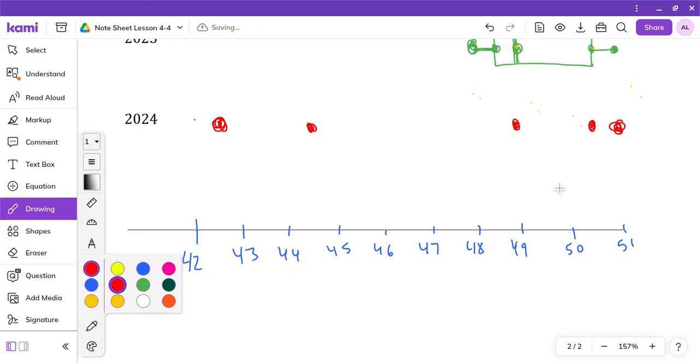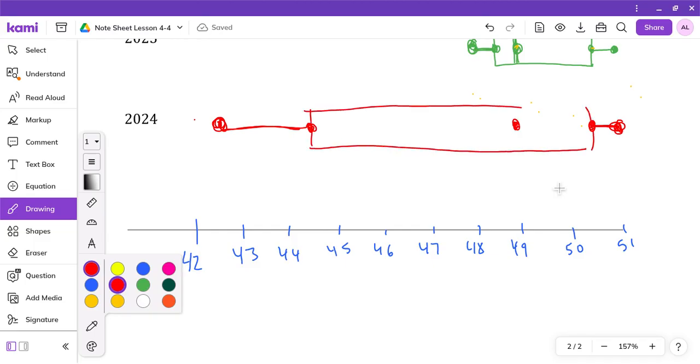Now, big spread. There's that whisker, and the box is here. There's the box. Clearly, the second quarter is a big spread.